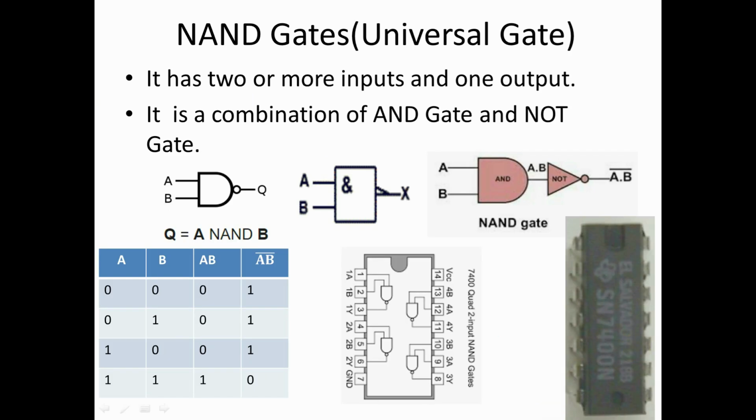This is a 3-dimensional view of the 7400 IC. We count the pins in the anti-clockwise direction from the notch, starting from the left side of the notch: 1, 2, 3, 4, 5, 6, 7, 8, 9, up to 14. This is the pin diagram of the 7400.